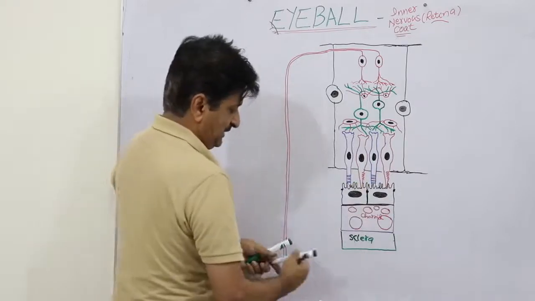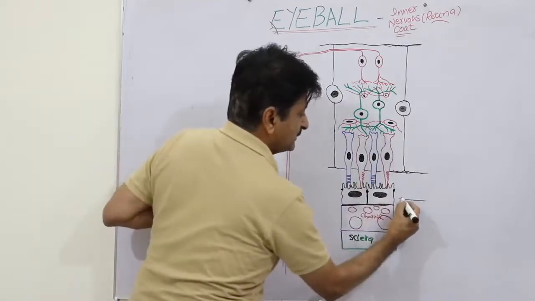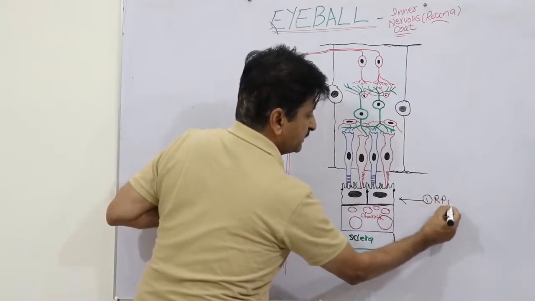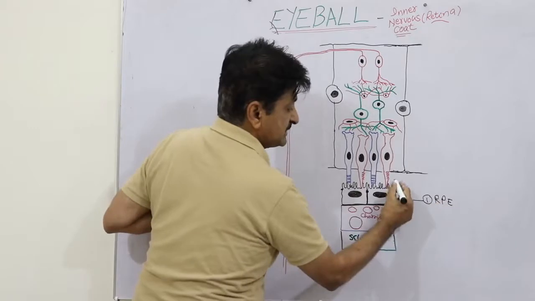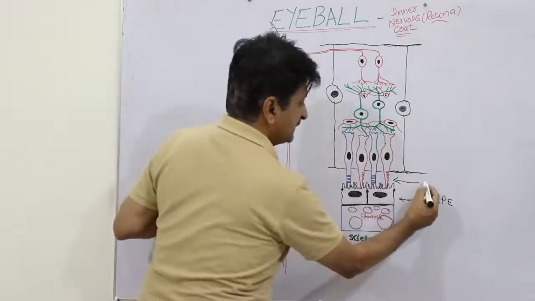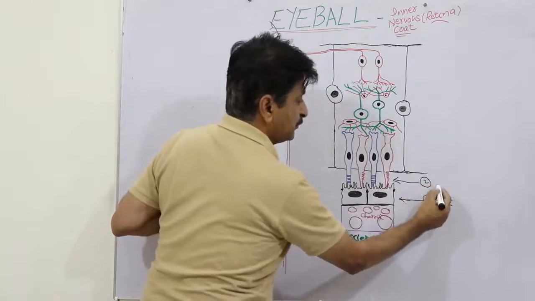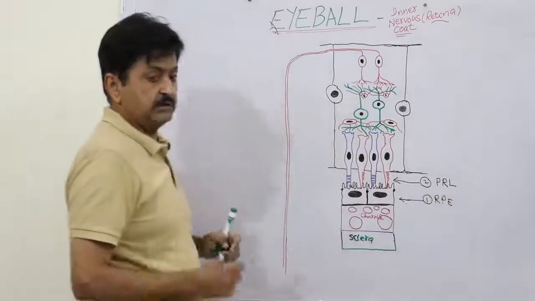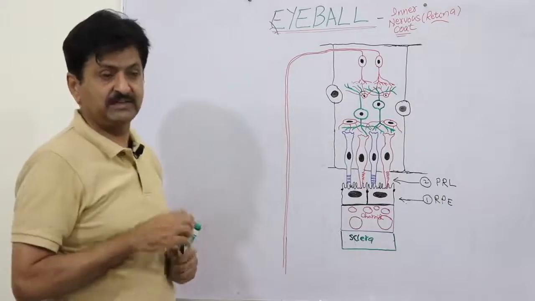So, this is what we call the first layer, called the retinal pigment epithelium. Second layer, you are seeing the second layer, that is called the photoreceptor layer. It's the PRL, this is the photoreceptor layer, this is the second layer.